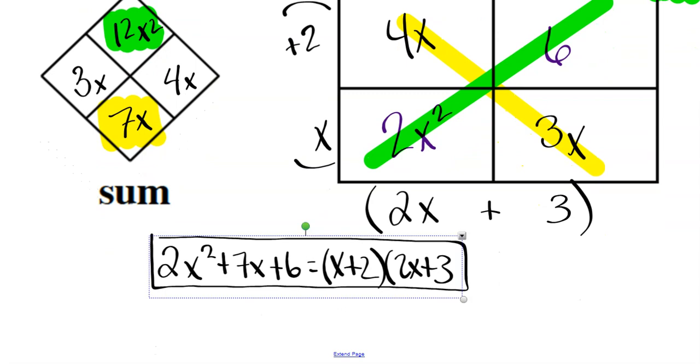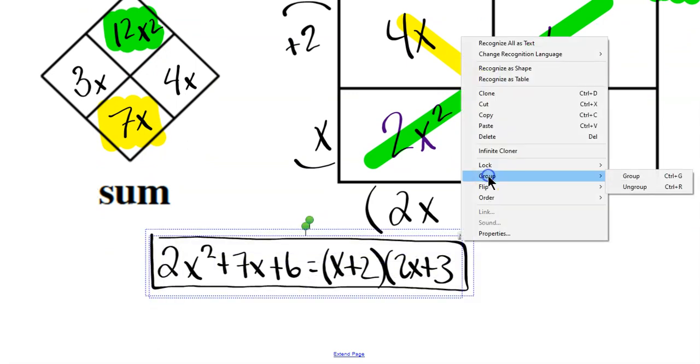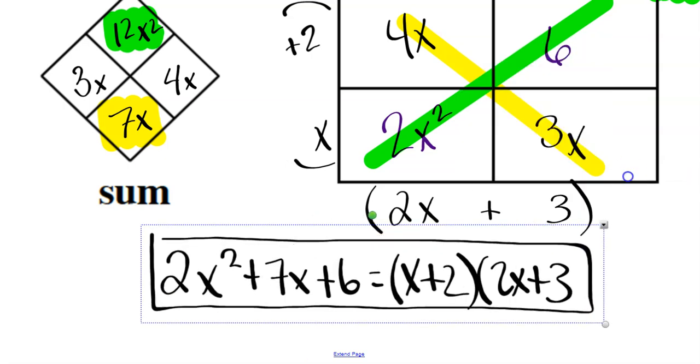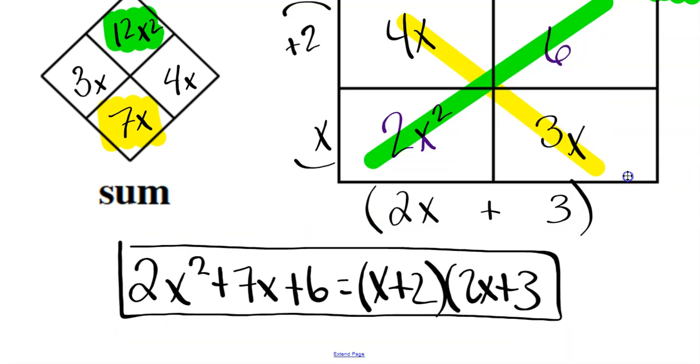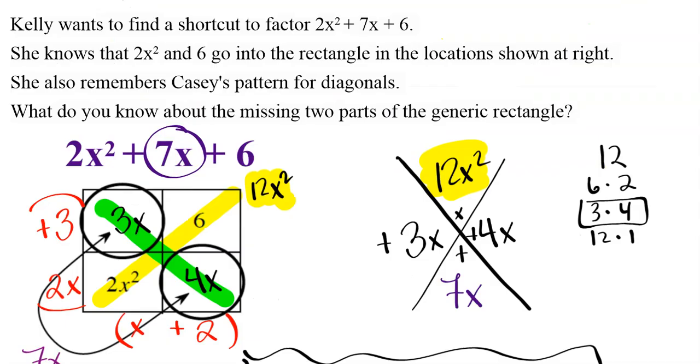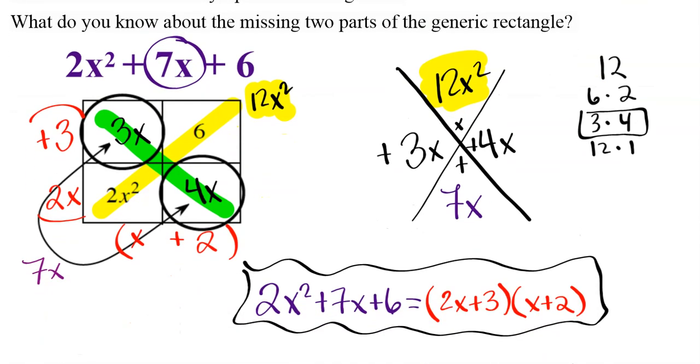And so what really ends up happening with this is it's still going to end up being the same thing. So we just factored that, and this is factored. So we got x plus 2 and 2x plus 3, and it doesn't matter where you put them. We still got x plus 2 times 2x plus 3.